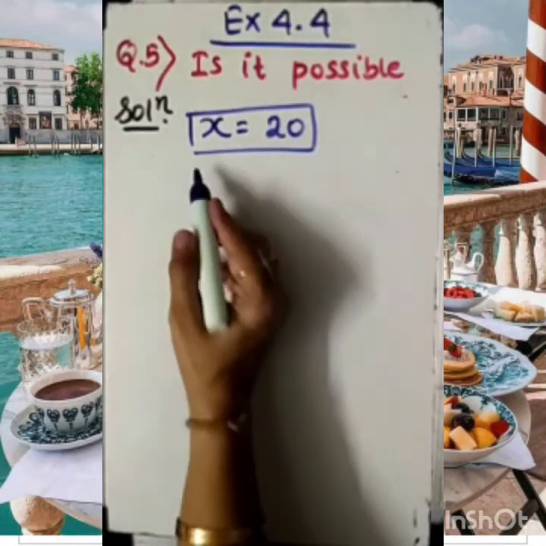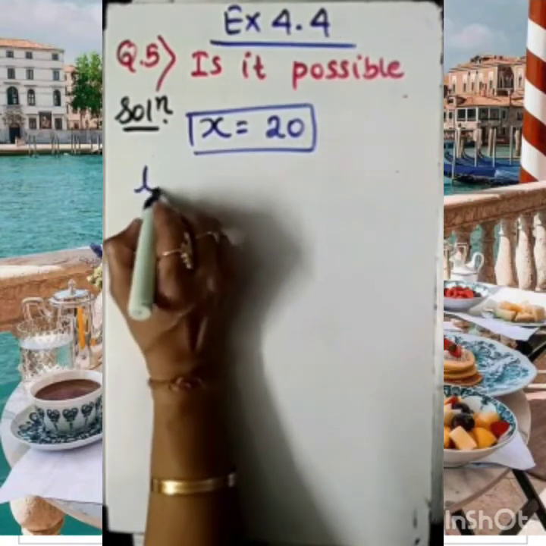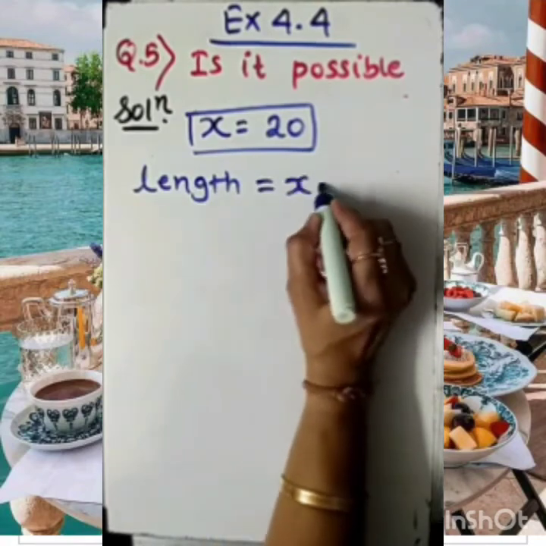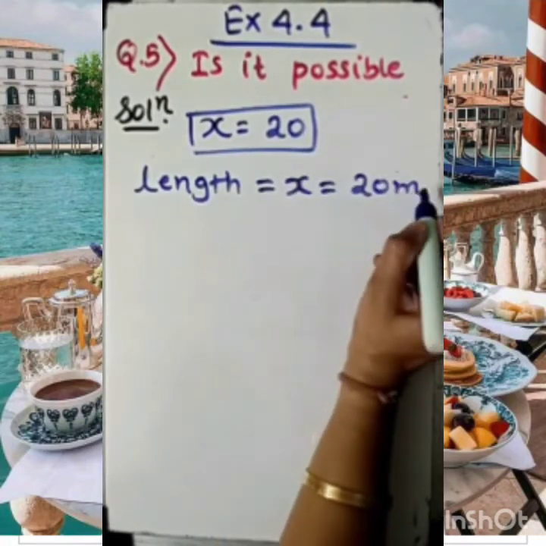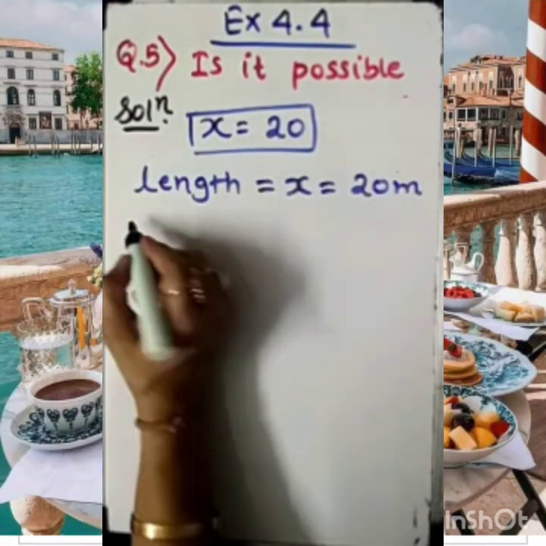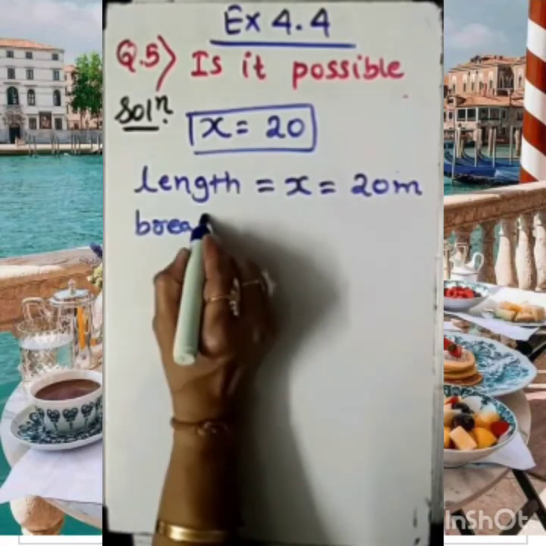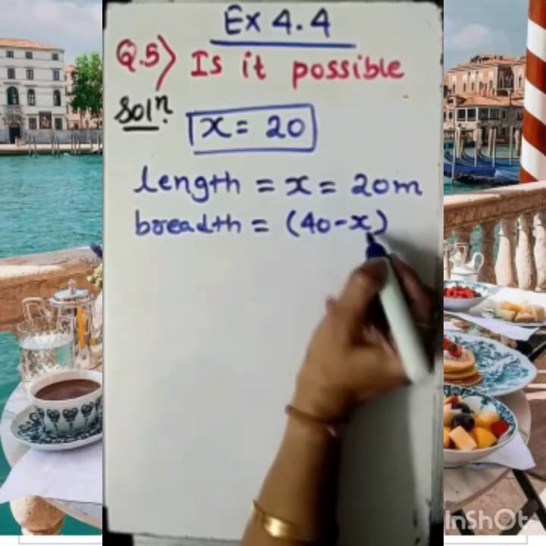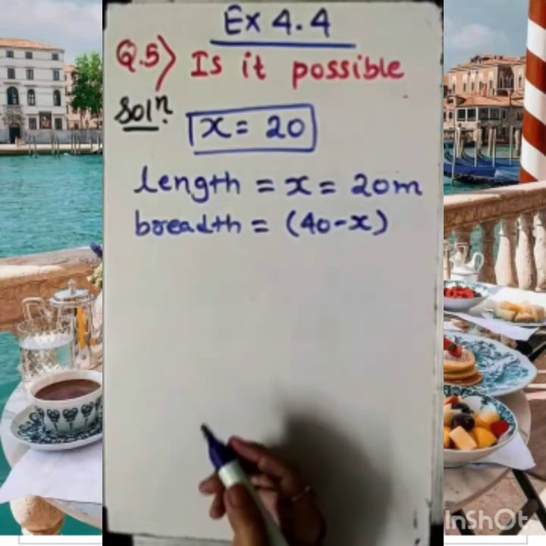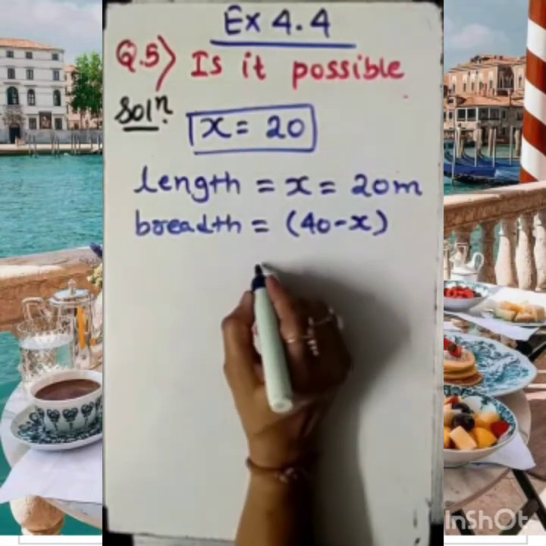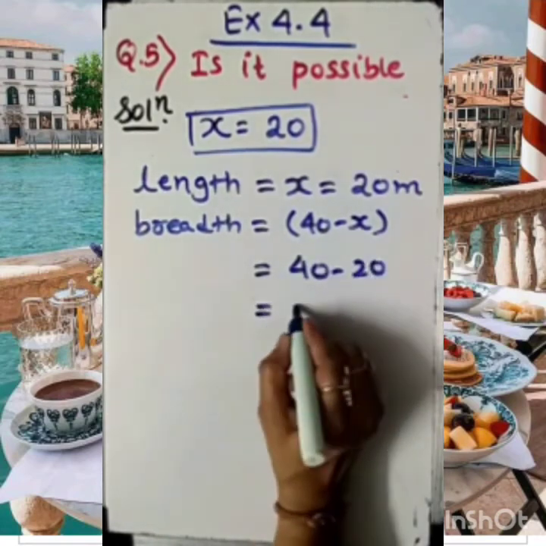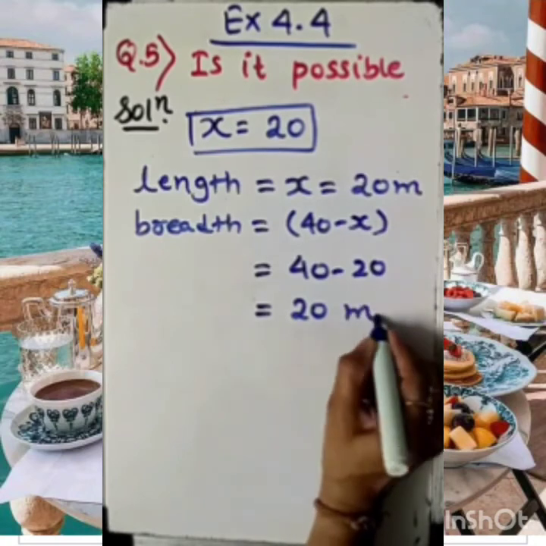For x we have assumed the length, that is 20 meters. Then what about the breadth? Breadth, according to the formula we have written, is 40 minus x, that is y equal to 40 minus 20, that is 20 meters.